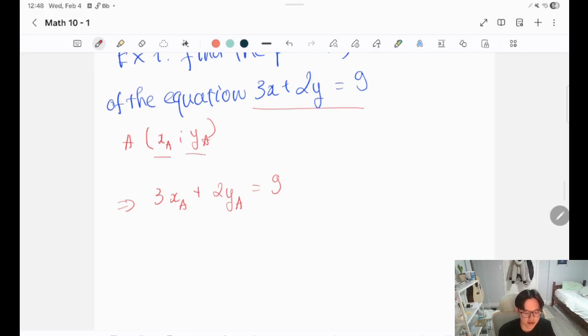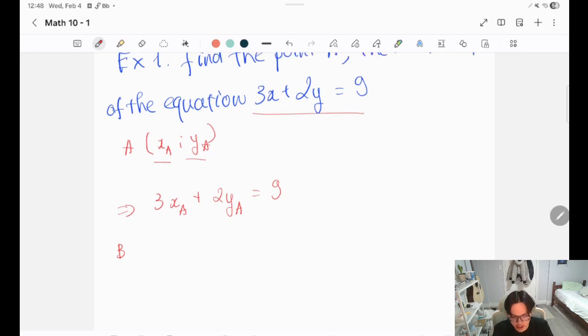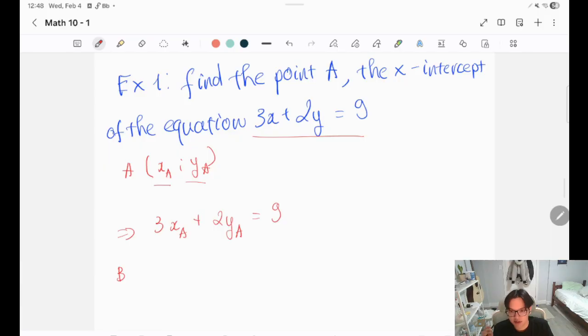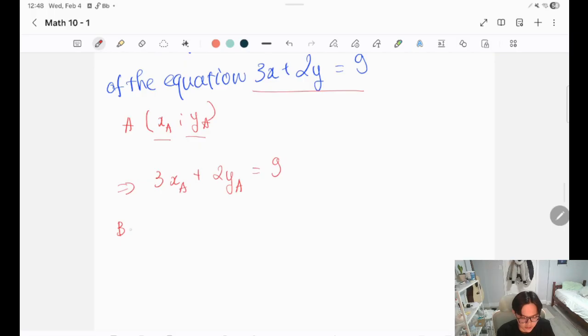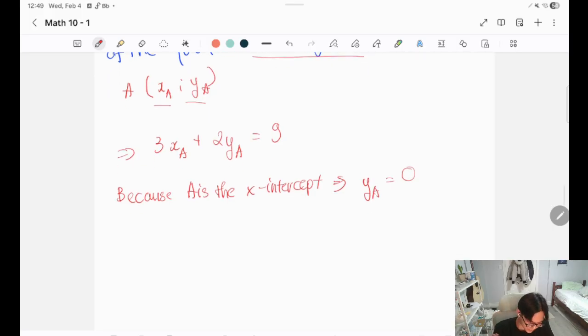And because A is the x-intercept, the y of A needs to be 0. So I write this down because A is the x-intercept: ya is equal to 0, like I just explained above. So we call this one.